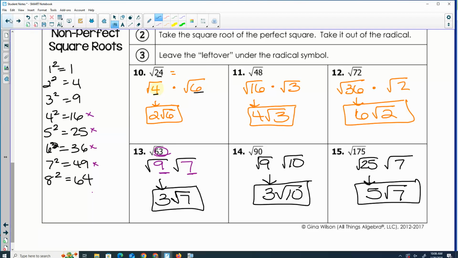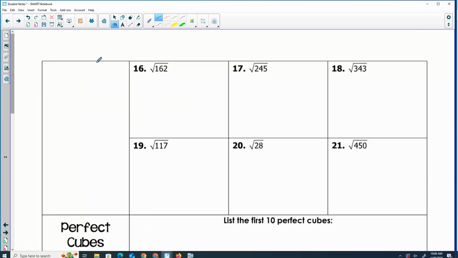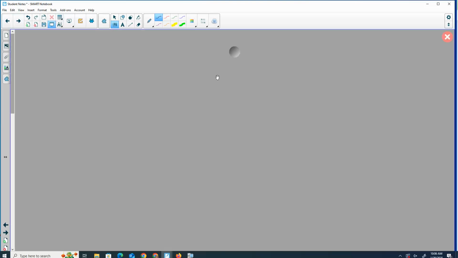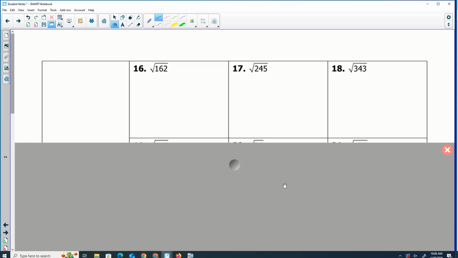All right, let's practice a few more. Once I feel like we've got this, then I will happily stop for the day. 162. Okay, so I need something that I can divide that by that is a perfect square.